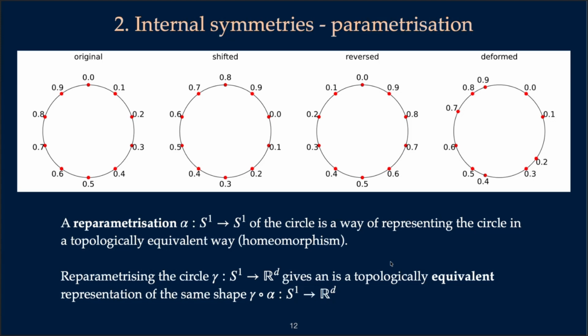Or I could even go across this loop at different speeds and index things in a distorted way. In mathematical parlance, these are all homeomorphic to each other, but you can just think of them as reparameterizations of the same object.